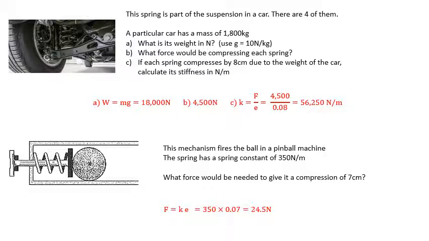So each spring there'll be a compressive force of about 4,500 newtons. The tricky thing here, be careful, is that I've given you the compression in centimeters, but I've asked for the stiffness in newtons per meter. So K is F over E is 4,500 divided by 0.08. So 8 divided by 100, because I want it in meters, not centimeters. And you get 56,250 newtons per meter.